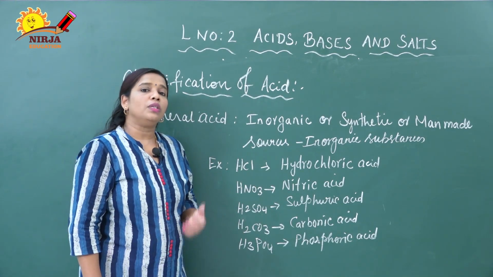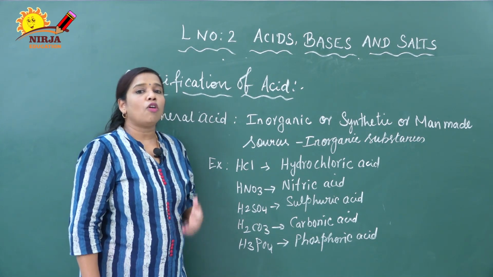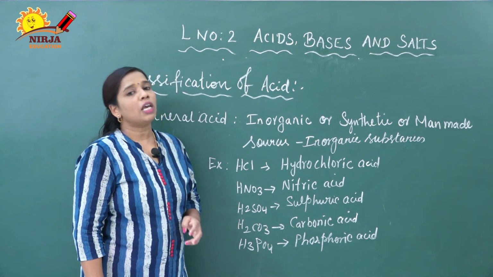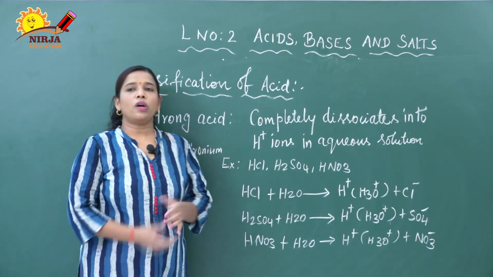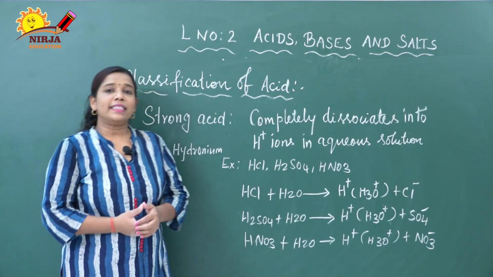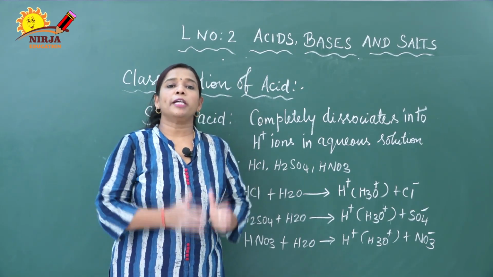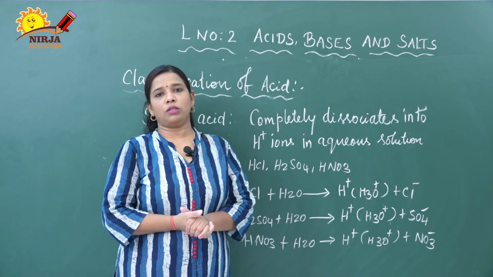Next we are going to discuss, based on the strength of acid, classification into two types, that is strong acid as well as weak acid. Strong acid is an acid that completely dissociates into H plus ion in aqueous solution.